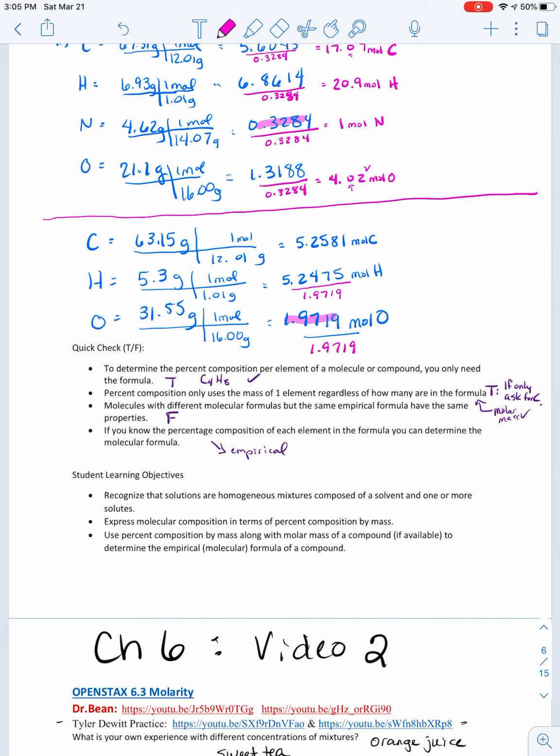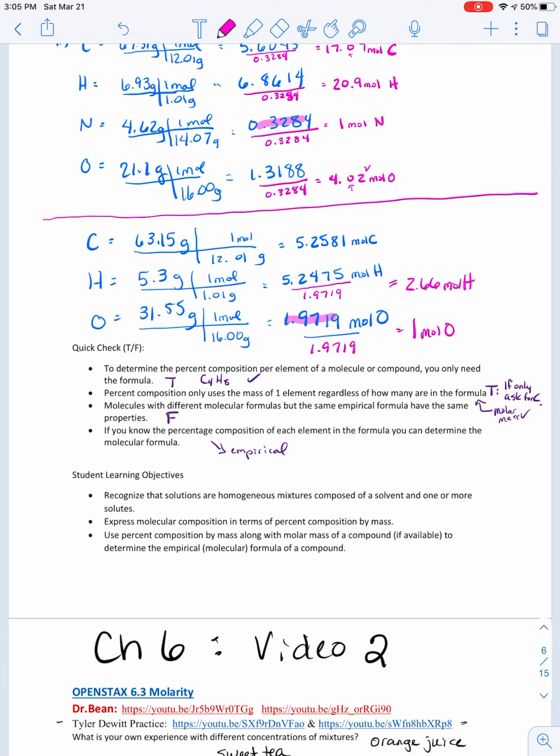So we're going to highlight that. When you divide it by itself, you get 1 mole of O. 5.2475 divided by 1.9719.